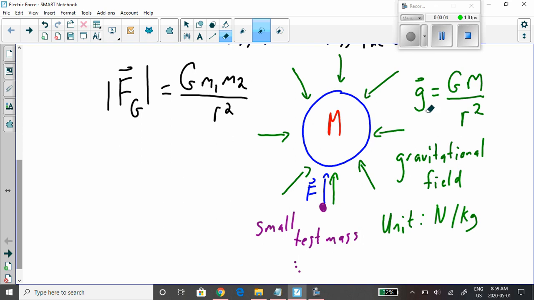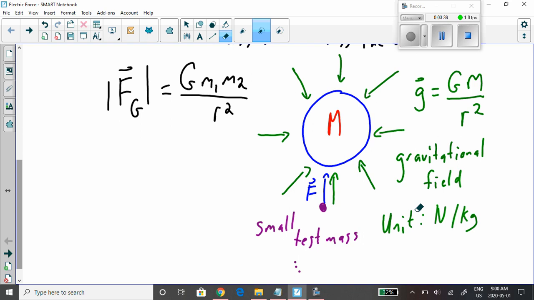And the gravitational field is showing us a direction because it's a vector field. What does that mean? Well, it means that if you were to put a tiny bit of mass here, and we'll call it a small test mass right here, that test mass would feel an attraction towards the mass which is creating the gravitational field. That's why the gravitational field has this direction.